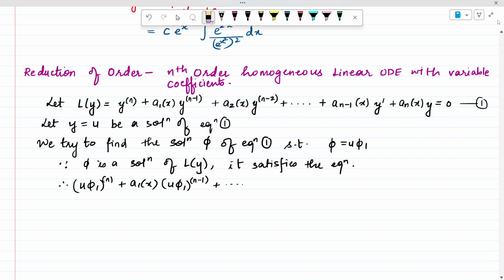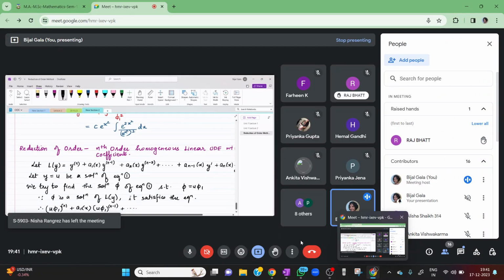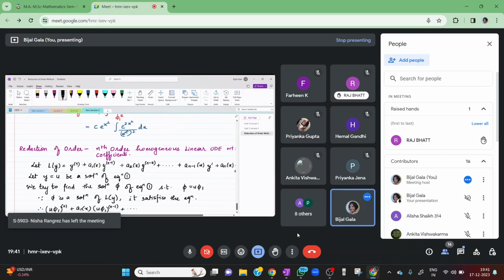Screen is not visible. Not visible. It is visible. Students, I don't know. You can put this message in chat and maybe other students can reply so that the link is not broken. Okay?